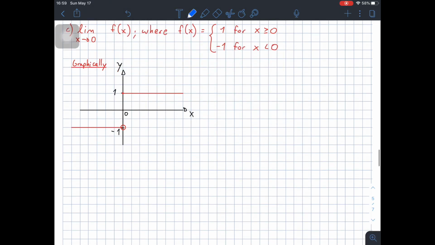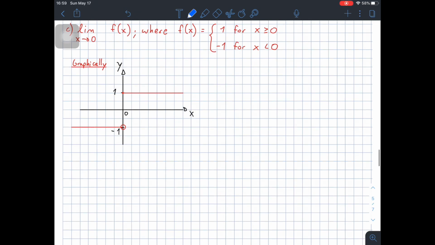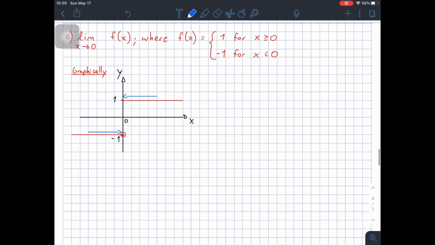If we analyze this from the left, when we're approaching x equals 0, you see that we're approaching this value over here, and when we approach x equals 0 from the right, from right to left, we're approaching this value over here, right? So you see that we're approaching different values here. I'm going to write y tends to 1 here, and y tends to -1 in this case.